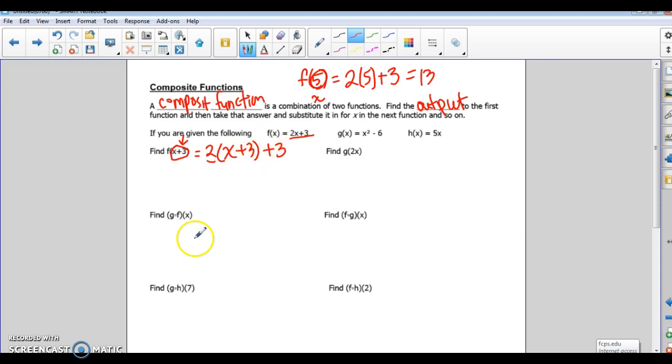Now, can we solve more? Yes, we can simplify this. 2 times x is 2x, 2 times 3 is 6, and then plus 3. Therefore, it's going to be 2x plus 9. That is f of x plus 3.